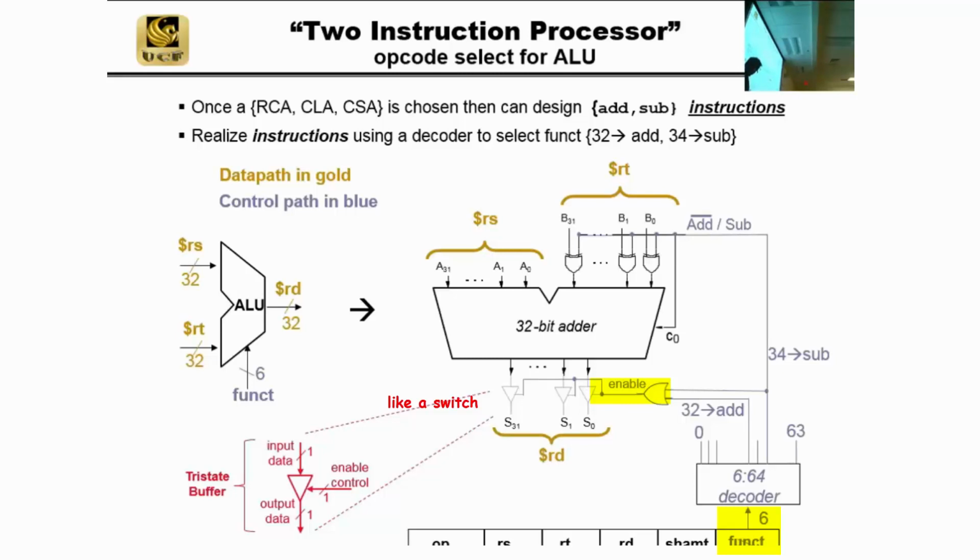The input data here will go to output data if and only if the enable is set to 1. So when do we want to enable the adder to talk to the RD register file? Only when we're adding or subtracting. That's the only time that we use this hardware for compute and output.